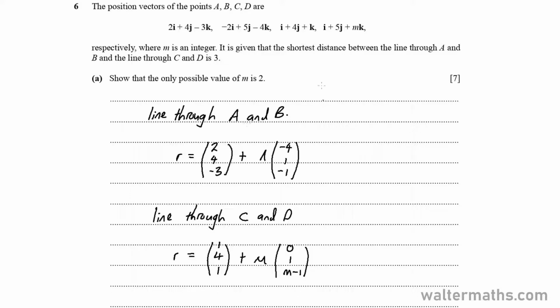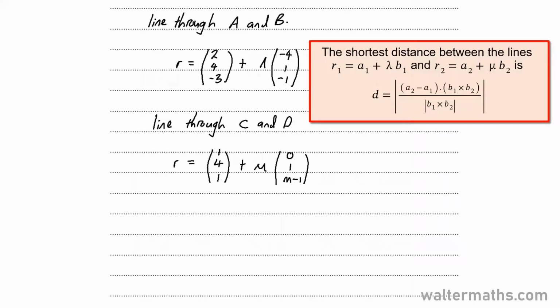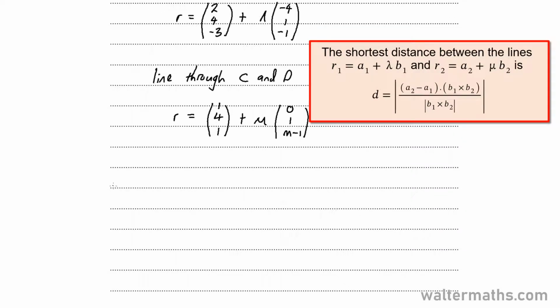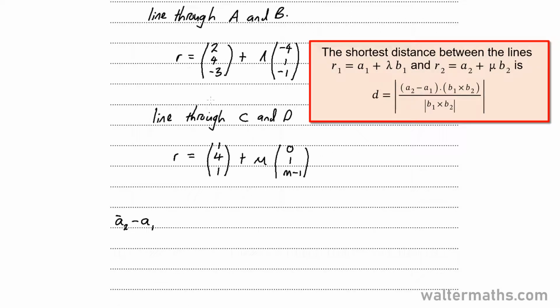Now according to the question, we are looking for the shortest distance between the two lines. And for the shortest distance between two lines, we can use this formula here. For this formula, we are going to need first to find A2 minus A1. A1 and A2 are the position vectors of points on the lines.